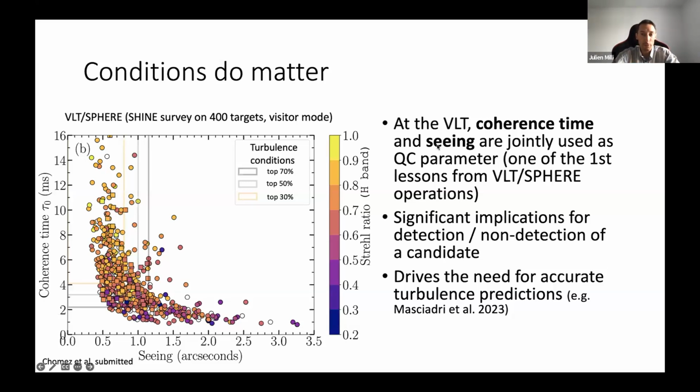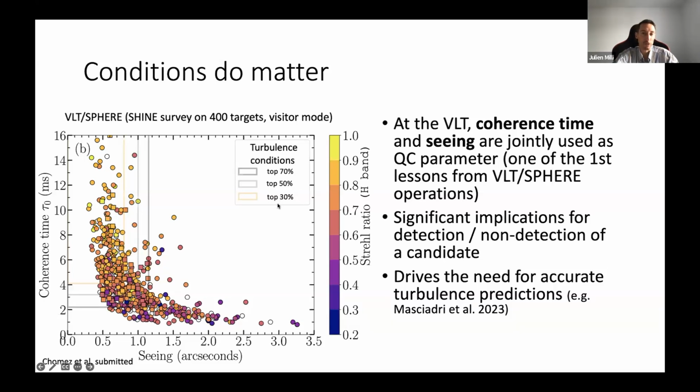So we made this, and in this plot you can see how the coherence time evolves with seeing. You have this kind of comma-shaped diagram, and the various lines show you the different turbulence conditions that you can request at the VLT.